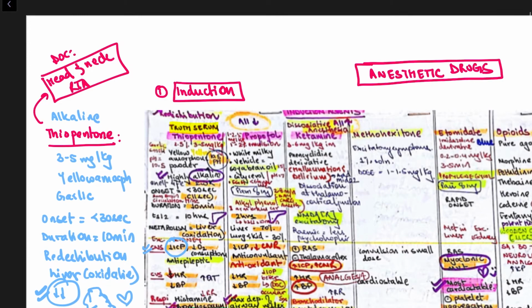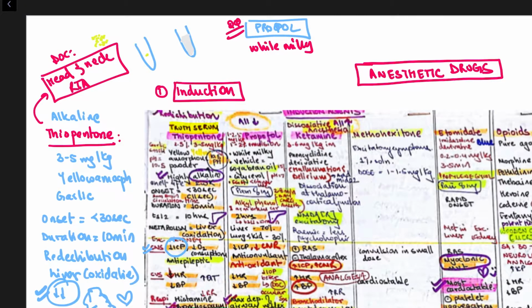Next drug that we'll be doing is propofol. This is also a very important drug, and a lot of questions are asked from propofol, right? So let us just write the important points. It is white milky, okay, so if you have test tubes then propofol will be a white milky fluid, and thiopentone is what?